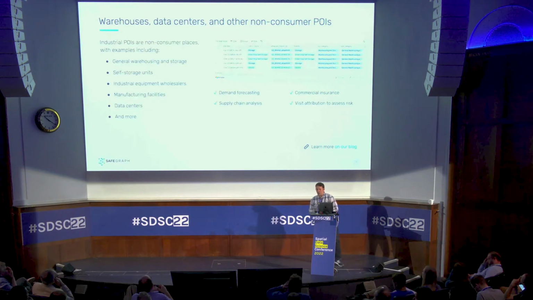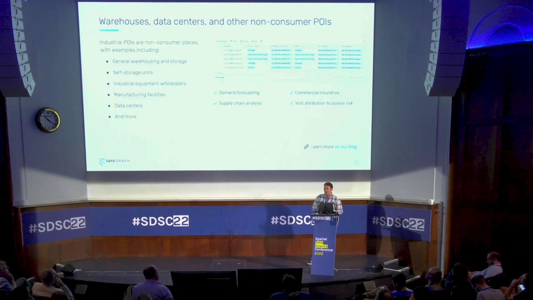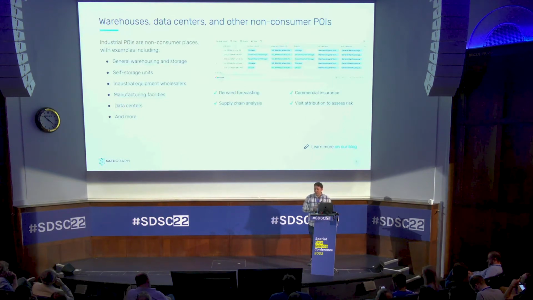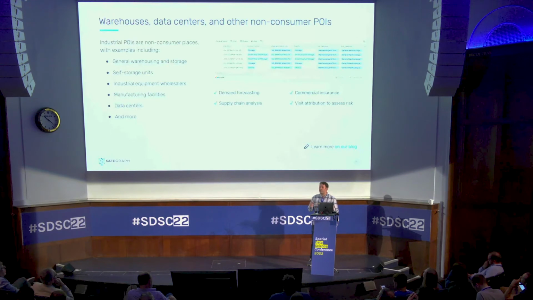Another one is in the industrial category. POIs, of course, on the retail side, focus pretty heavily around store locations and consumer-focused locations, but there are very strong use cases we've seen in things like commercial insurance, demand forecasting, and supply chain analysis that require things well beyond just store locations.